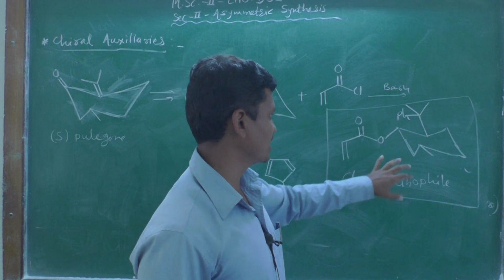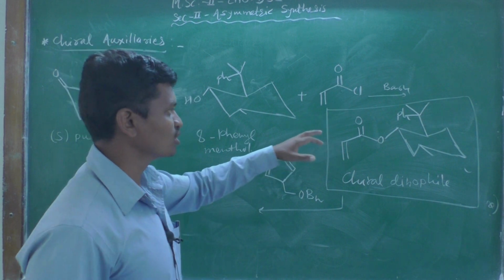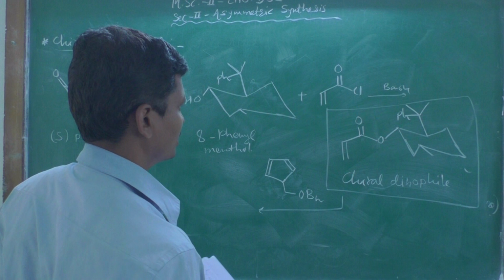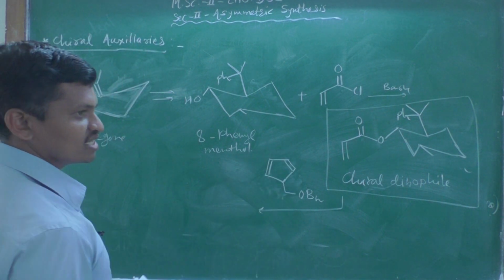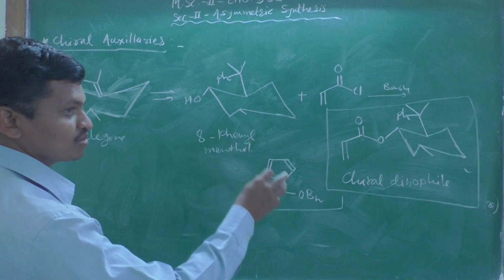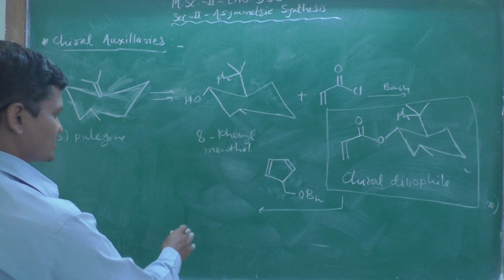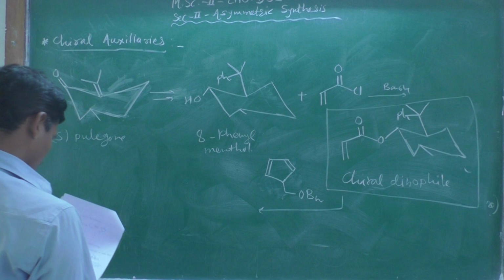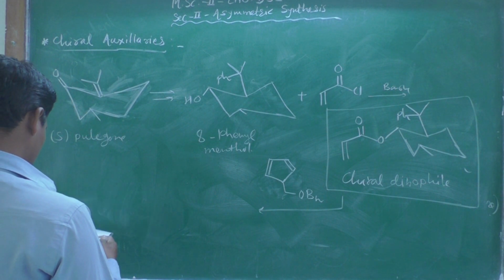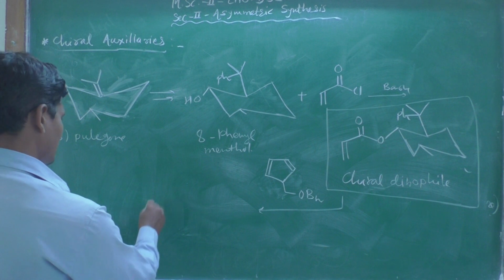Again, due to the use of this chiral auxiliary, this molecule is converted to a chiral dienophile, and that's why it is giving our target molecule, prostaglandin, and the stereochemistry of that prostaglandin is fixed due to this chiral auxiliary. The structure of the product is like this.